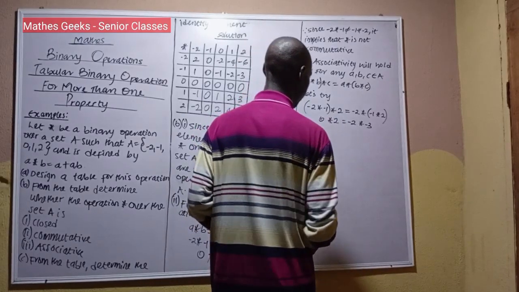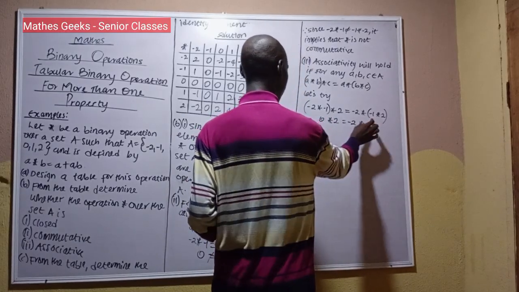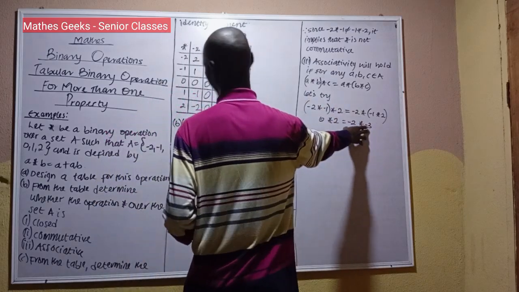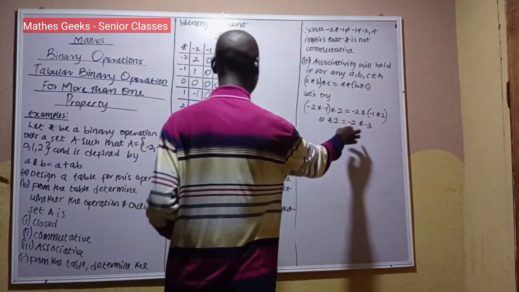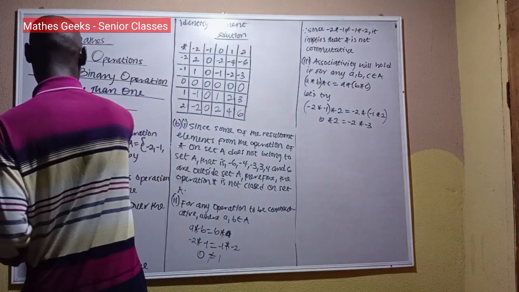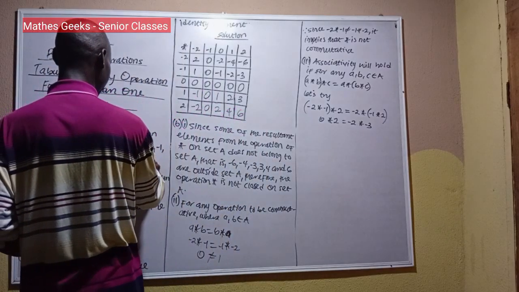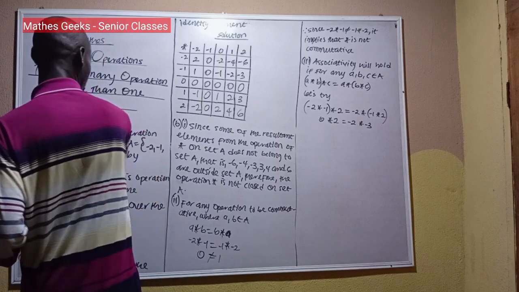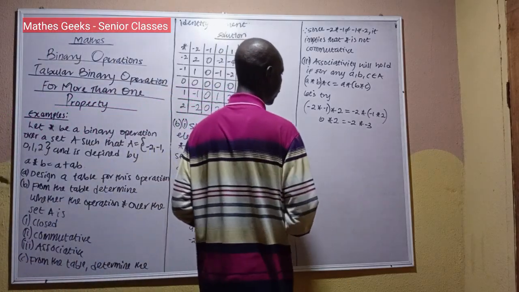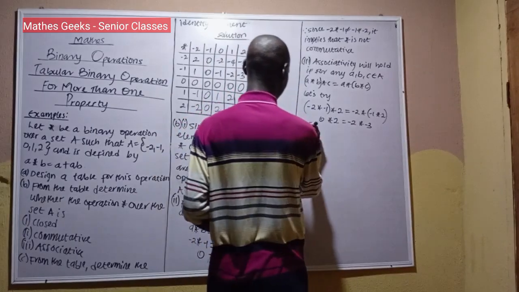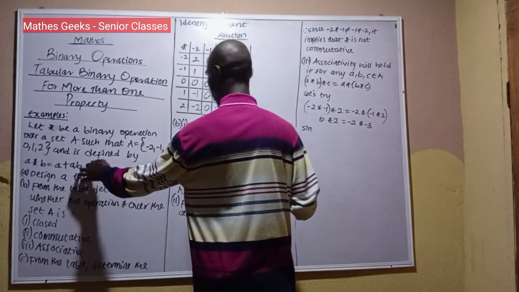Now what you observe here is that this table does not have -3, because -3 was not part of set A. The range of set A started from -2 down to 2. So here what do we do? Since we have -3, we're just going to use the defined operation.